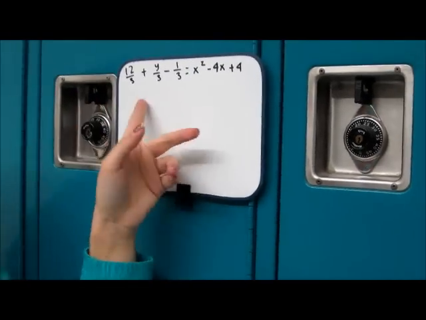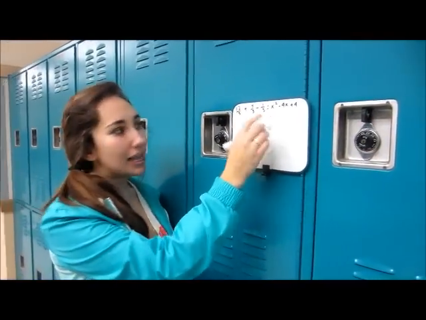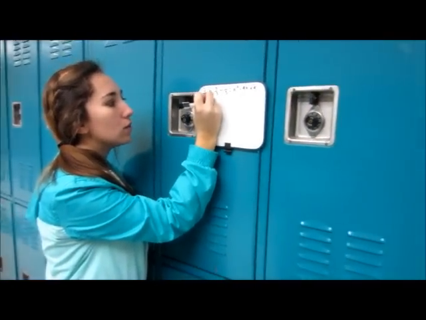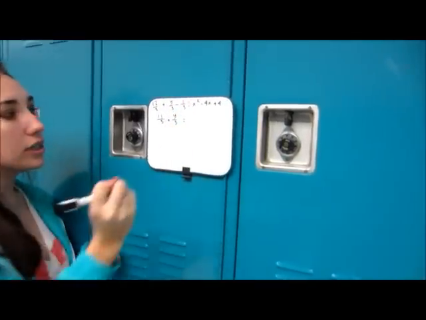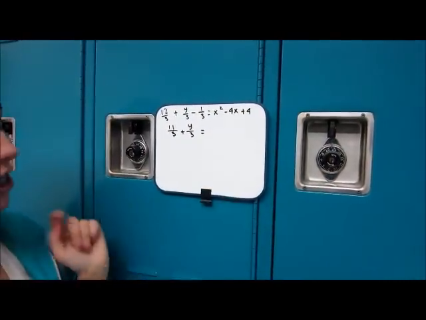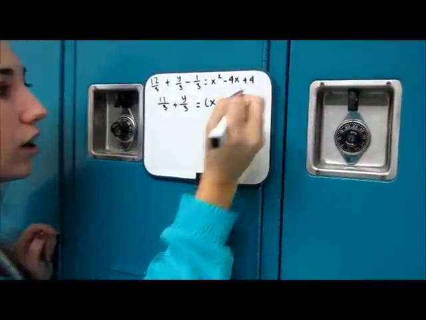So from this equation that we took from the bottom, we will simplify one side, which gives us 11 over 3 plus y over 3 equals, and if we factor the other side, what will we get, Ashley? X minus 2 squared. Wonderful.